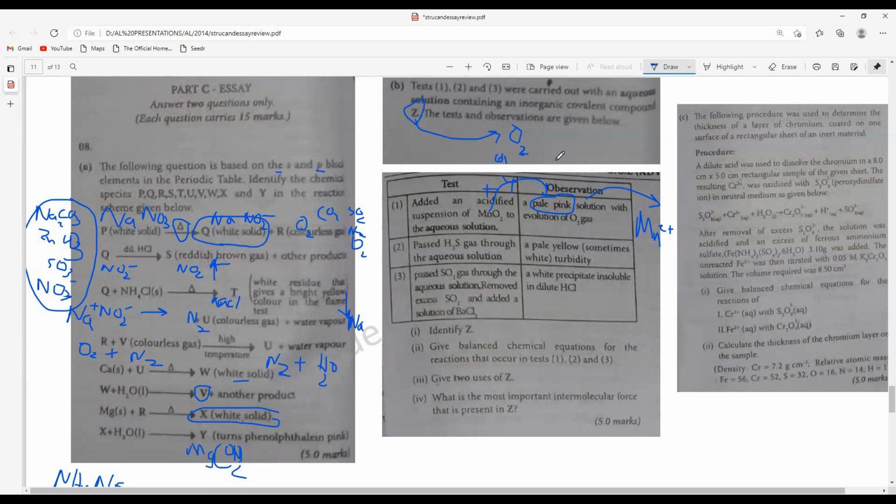So I have one answer. What about others? What do you think? What is normally oxidized to O2? Because O2 is 0, right?